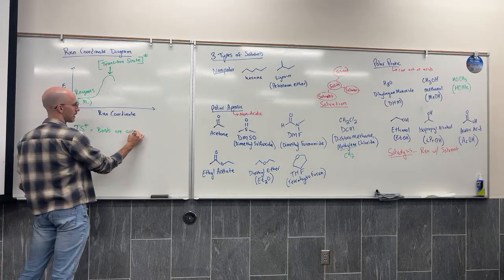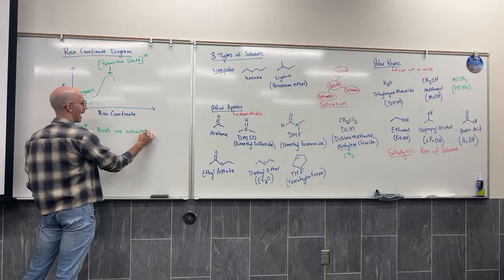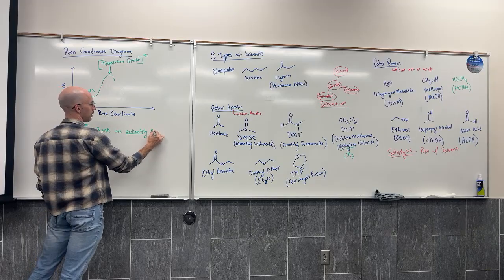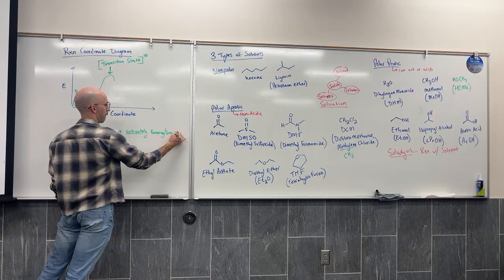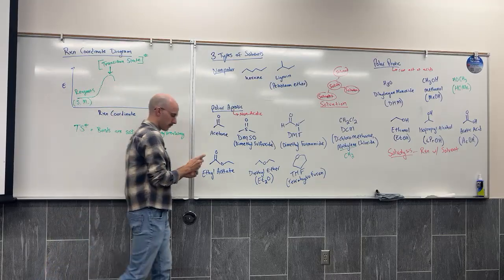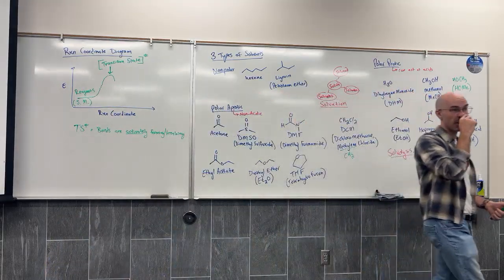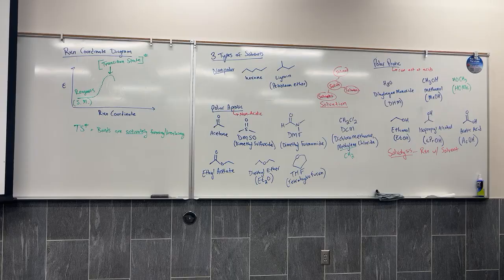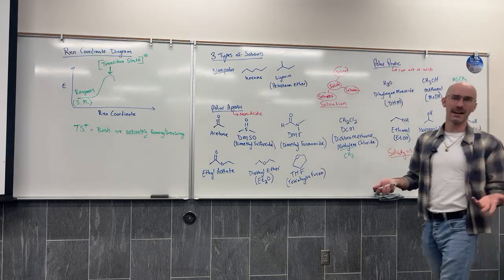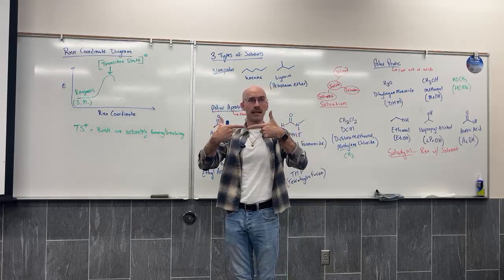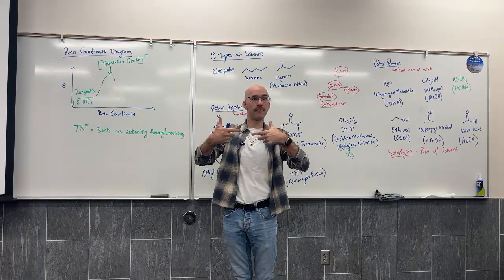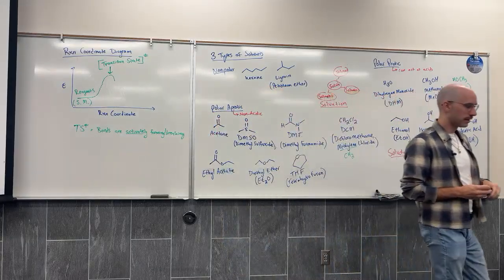Or the way that I say it is bonds are actively forming or breaking. A transition state could have more than 5 bonds to carbon. But that's because it doesn't really have 5 bonds. There are bonds forming and breaking, so there's really just 5 things around the carbon.